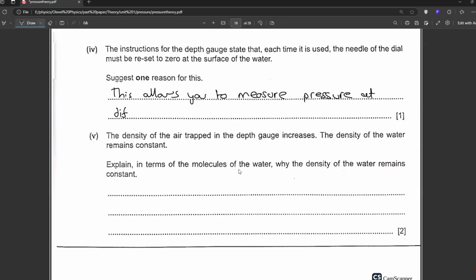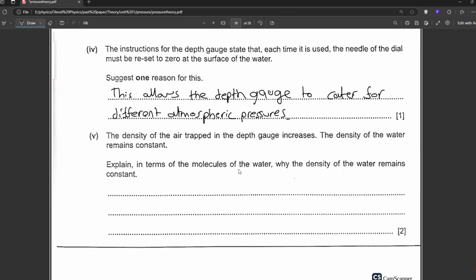I would say this is a wrong wording. I would say this allows the depth gauge to cater for different atmospheric pressures. Simple as that, nothing complicated here.